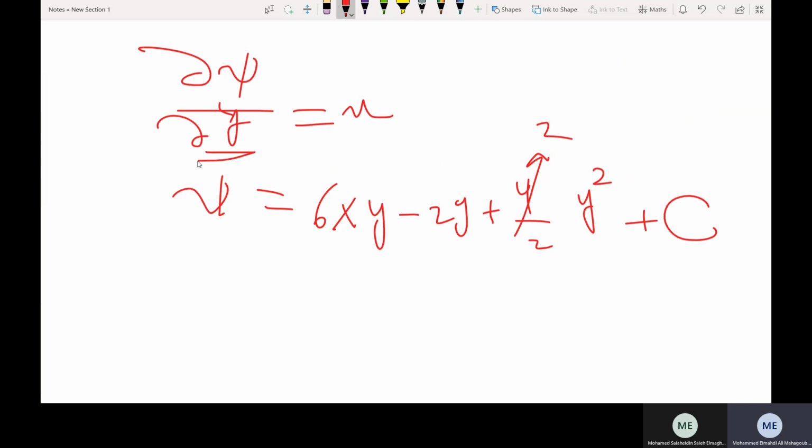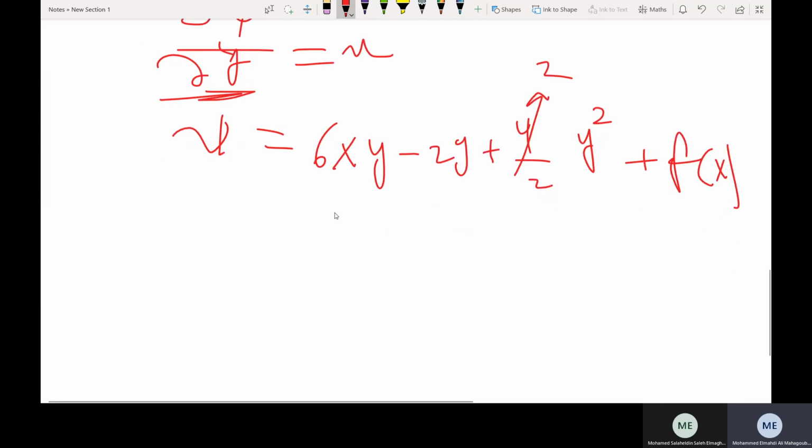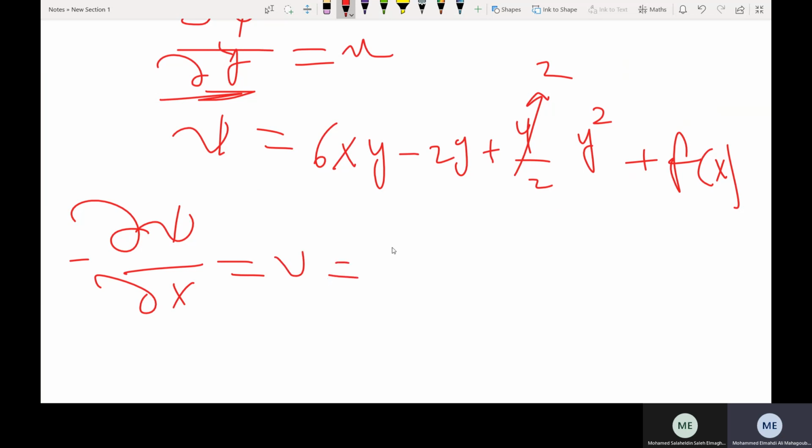We integrate with respect to y, so this function is a function of x. Remember, don't forget. So now negative partial psi by partial x is equal to v, so derive with respect to x now.